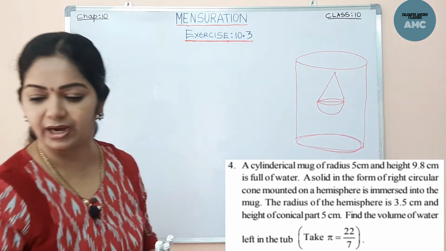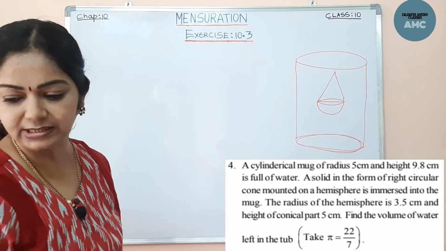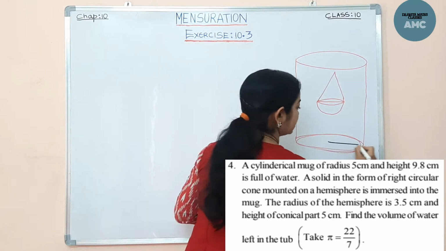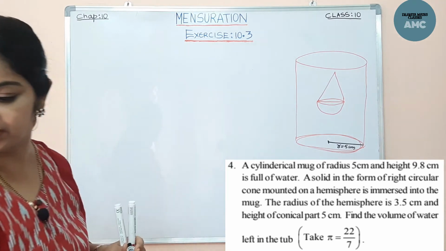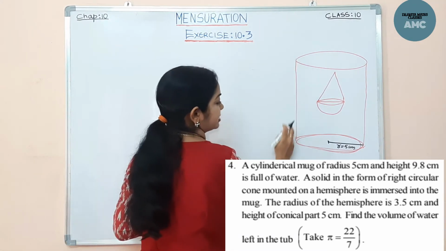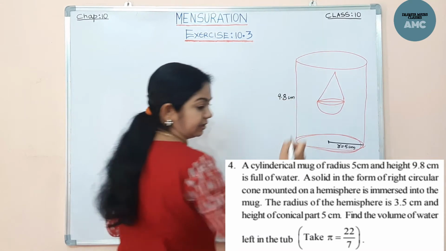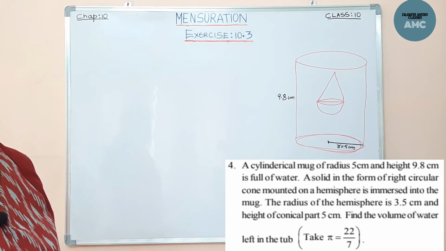Okay, the given condition. Now here we will write the dimensions: the cylindrical tub of radius 5 centimeters. So this is 5 centimeters, the cylindrical tub radius. The length, or the height, is given as 9.8 centimeters, full of water. A solid in the form of a right circular cone.